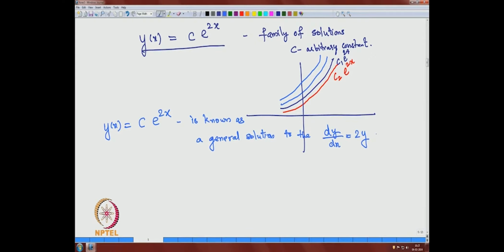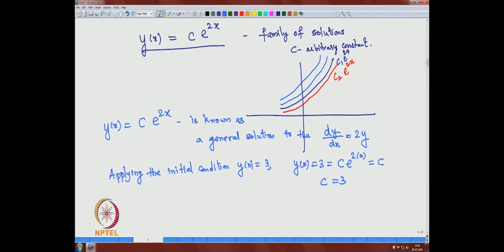I have not applied the given initial condition. So, once I apply the initial condition y at 0 is 3, this becomes y at 0 is equal to 3, which is equal to, we can plug in the value of x as 0, c into e to the power 2 into 0, which is c, or in other words c is equal to 3.